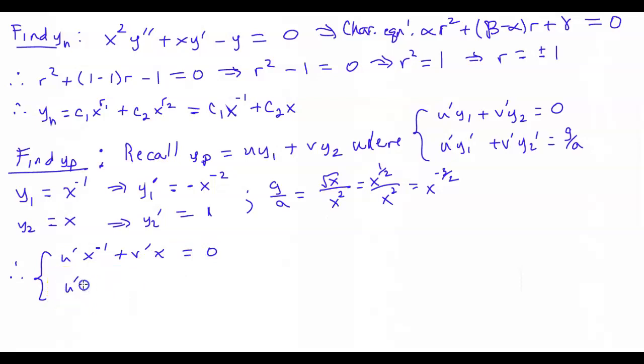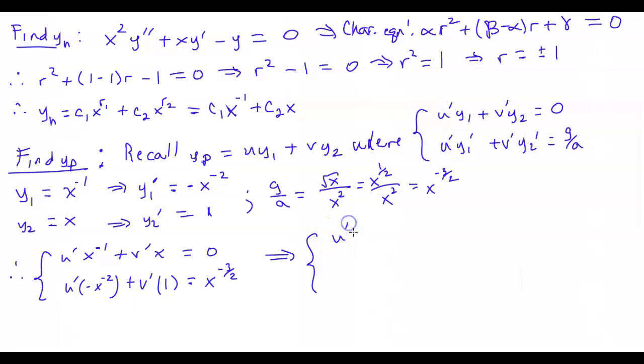Then we have u prime y sub 1 prime, which is minus x raised to the negative 2, plus v prime y sub 2 prime, which is just 1, and this is going to equal g divided by a, which is x raised to the negative 3/2.